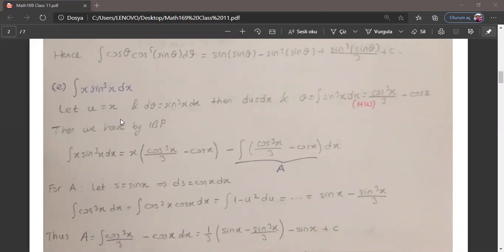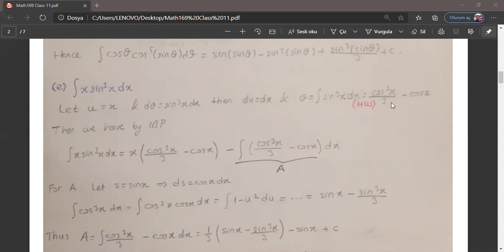For that one, we first substitute u equals x, and dv equals sin cubed x dx. If we differentiate it, we get du equals dx, and we integrate it and get this one. It's easy, you can find it.